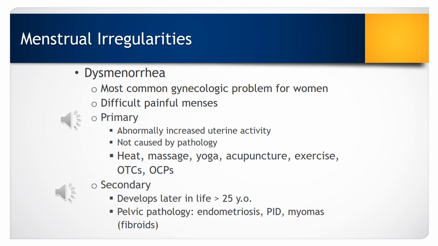And we'll discuss these in some slides later on in this module. So the key to management for secondary dysmenorrhea is identifying and treating that underlying condition. So we would treat the endometriosis, we would treat the pelvic inflammatory disease in order to relieve the menstrual pain caused by these secondary pathologies.